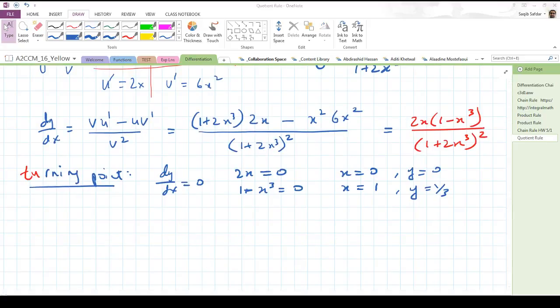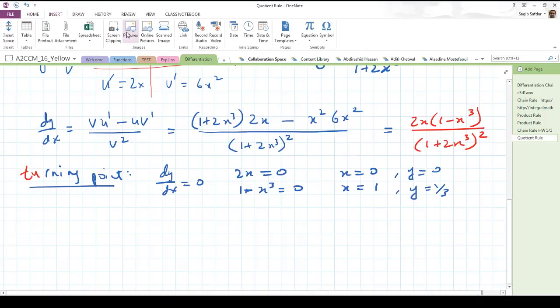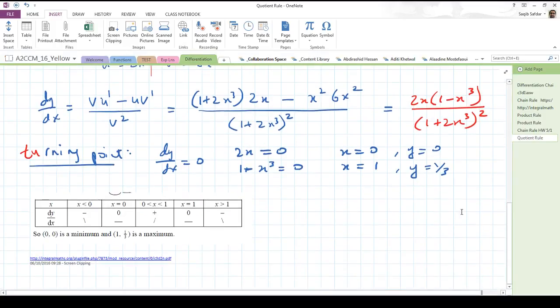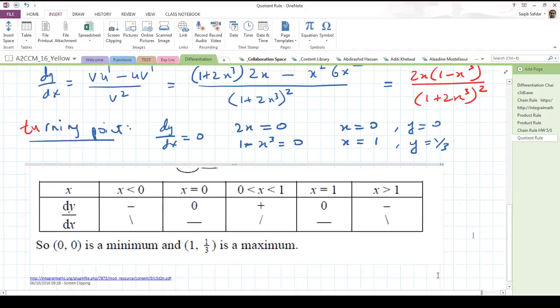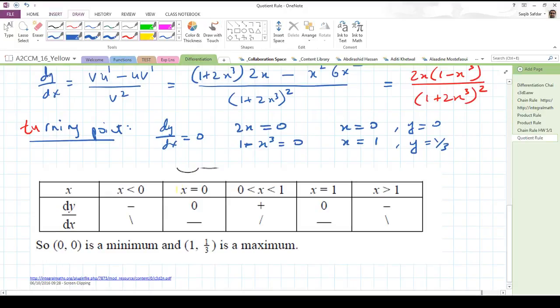Again, to save time, I'll put the little diagram in over here. So here we've got x equals 0. We know the gradient here is 0. There's x equals 1, the gradient there is 0. If we take a point on either side, let's say minus 0.9, we get a negative.